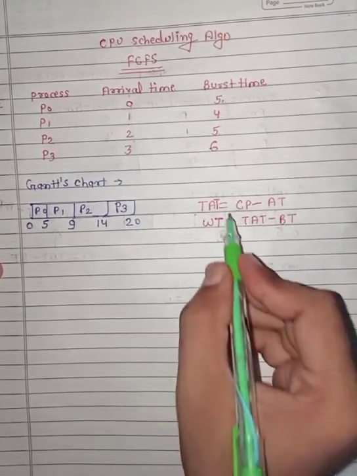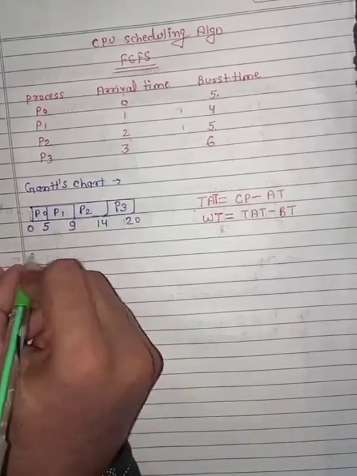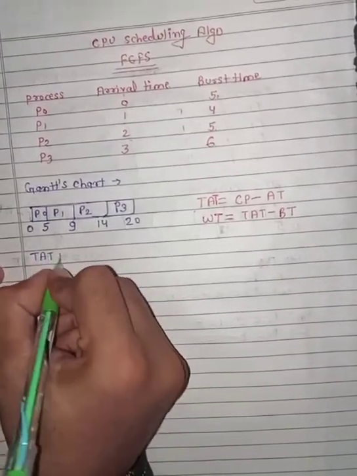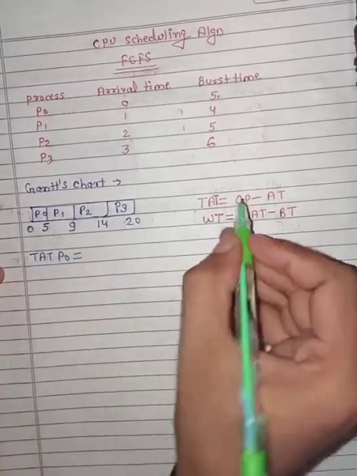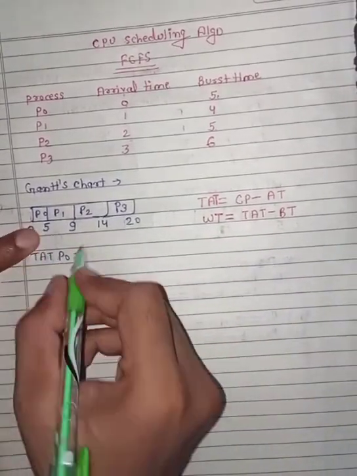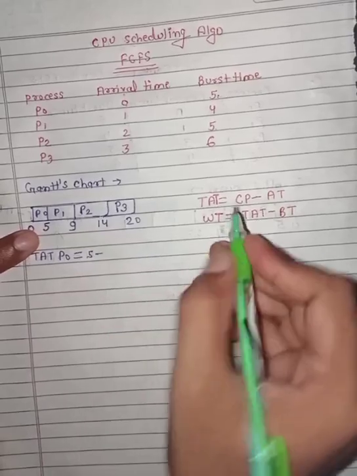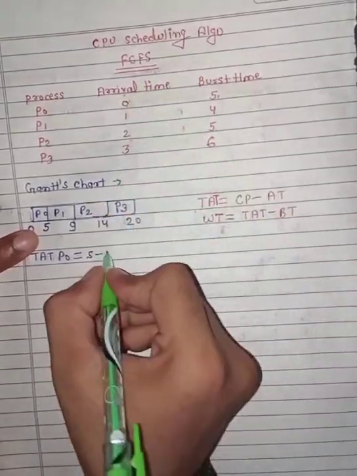Using this formula we find the turnaround time for process P0: completion time of P0, that is 5, minus arrival time, that is 0.